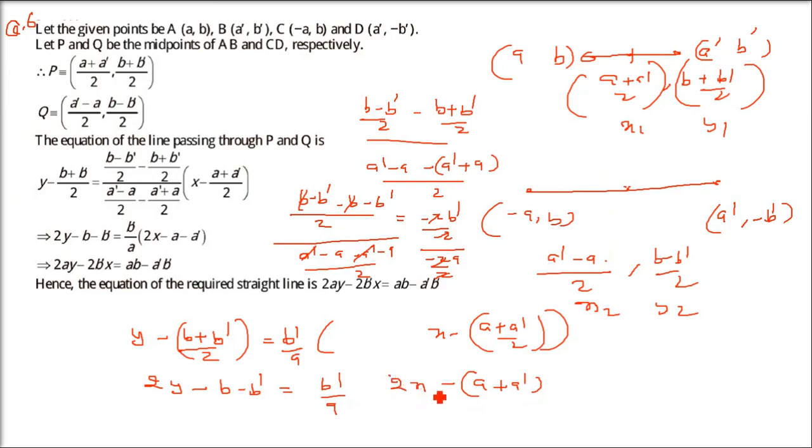Okay, so now just cross multiply it. Multiply this and multiply b' here. So 2ay minus ab' here you will get 2b'x or 2xb' minus b'a and minus b'a'. So what is going to cancel?